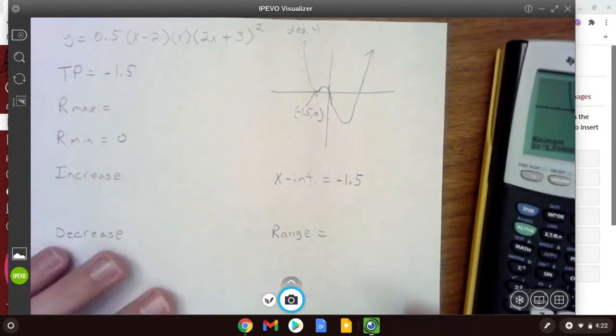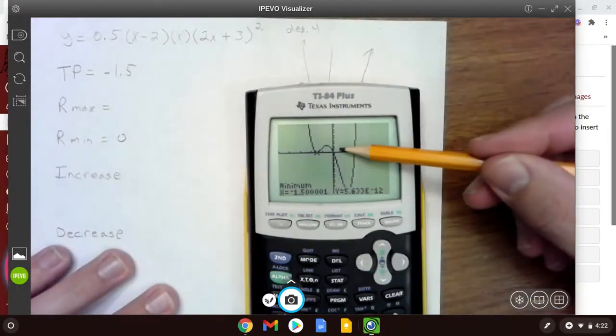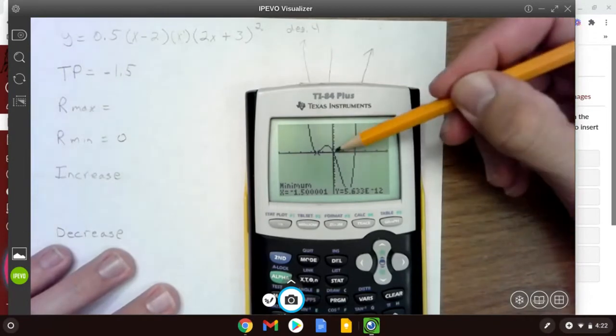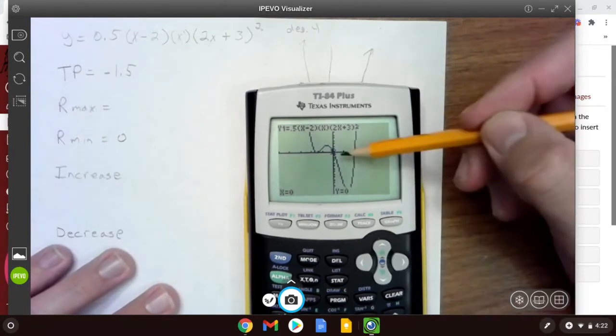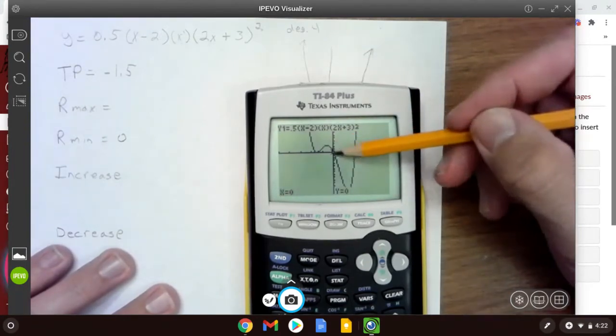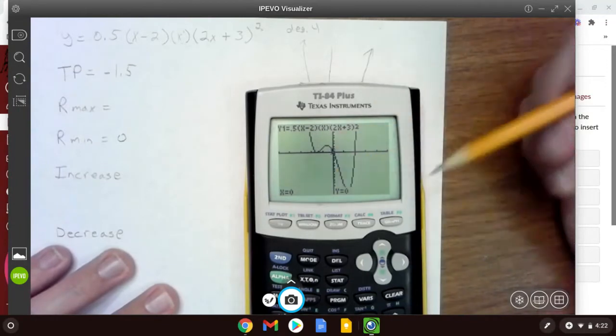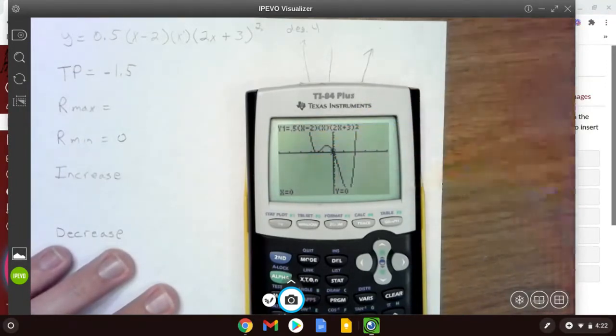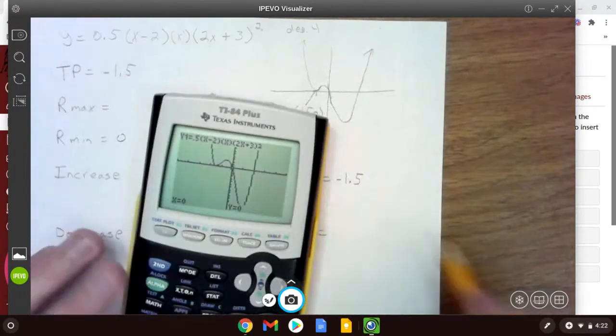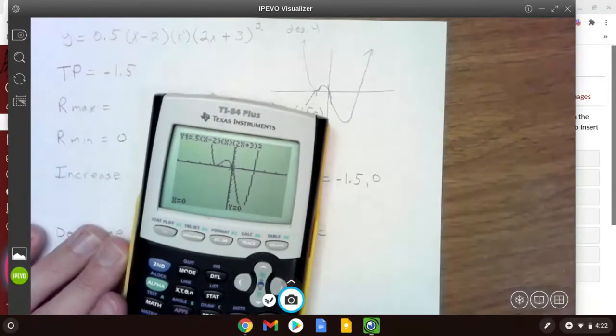Another x-intercept: you can probably guess what it is. At 0, 0, this thing crosses through the origin. So we're looking for the x value where the y value is 0, so another x-intercept is at 0.